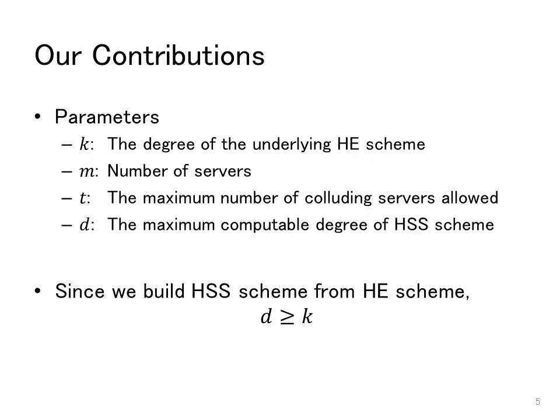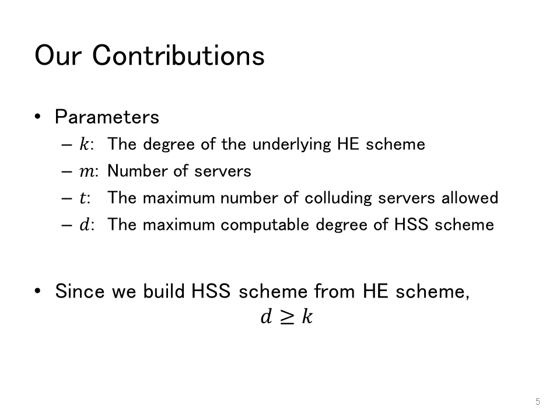To see the contributions, we will consider these 4 parameters, including K, the degree of the underlying homomorphic encryption scheme, M, the number of servers, T, the maximum number of colluding servers allowed, and D, the maximum computable degree of the homomorphic secret sharing scheme. The values K and D may be confusing.